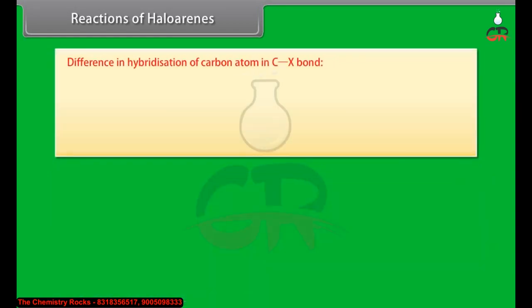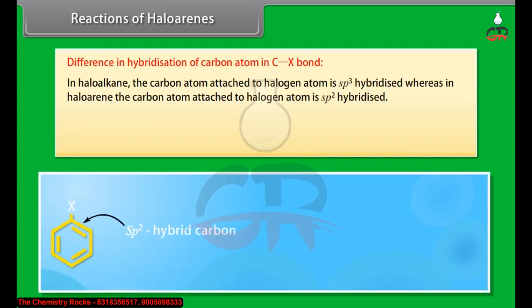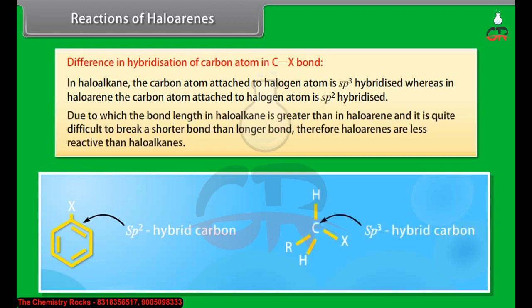Difference in hybridization of carbon atom in the C-X bond. In haloalkane, the carbon atom attached to the halogen atom is sp3 hybridized, whereas in haloarene, the carbon atom attached to the halogen atom is sp2 hybridized, due to which the bond length in haloalkane is greater than in haloarene, and it is quite difficult to break a shorter bond than a longer bond.